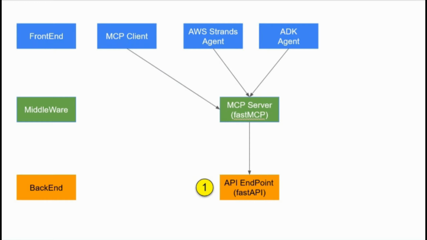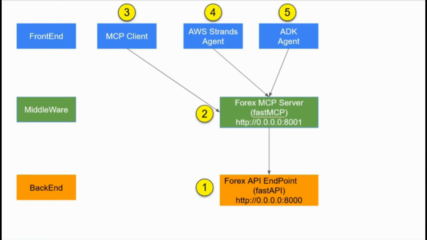First, I will design the API endpoint, and for this purpose, I will be using FastAPI. Next, I will create the MCP server to make calls to the API endpoint, then create the AWS Strands Agent, and finally create the ADK Agent.